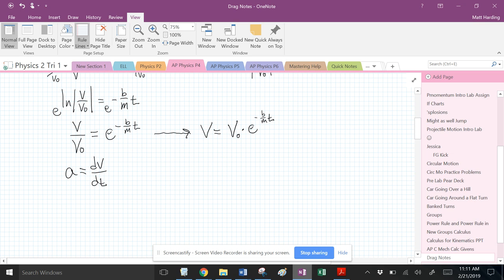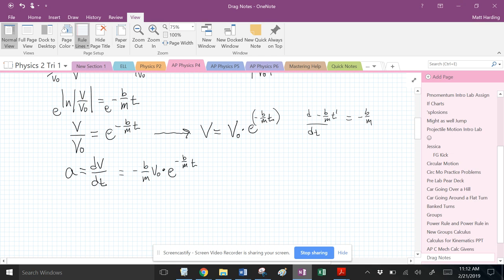V naught is a constant, so we have e to the negative b over m t, and we've got to take the derivative of the inside. The derivative of negative b over m t with respect to time is just negative b over m. So that gets pulled down out in front, and you get negative b over m v naught times e to the negative b over m t.